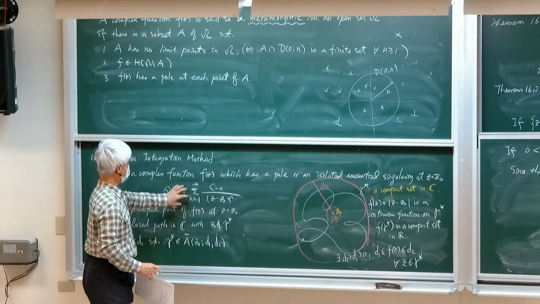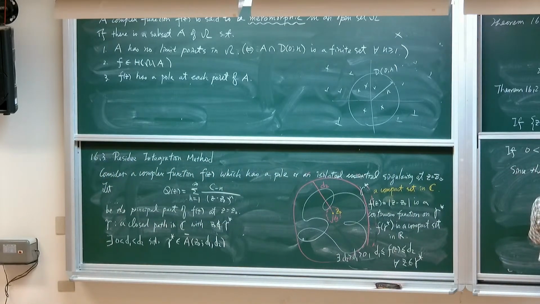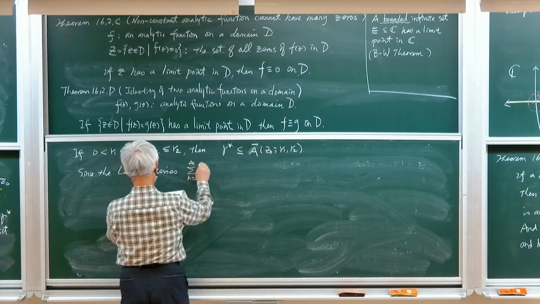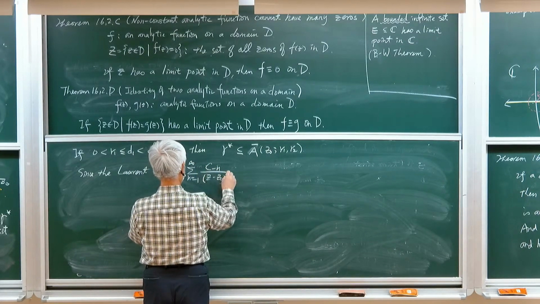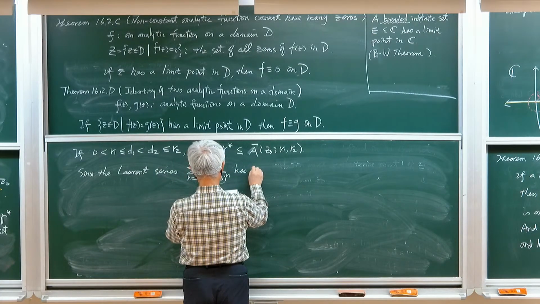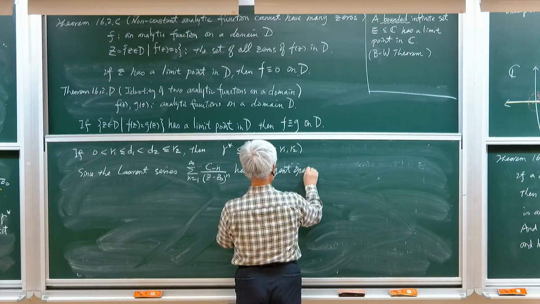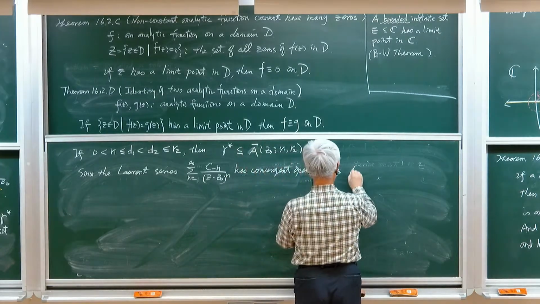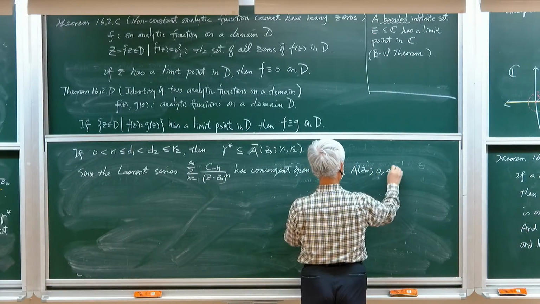So this principal part is the Laurent series. Since the Laurent series has a convergent open annulus, which is A of z0, 0 and infinity.